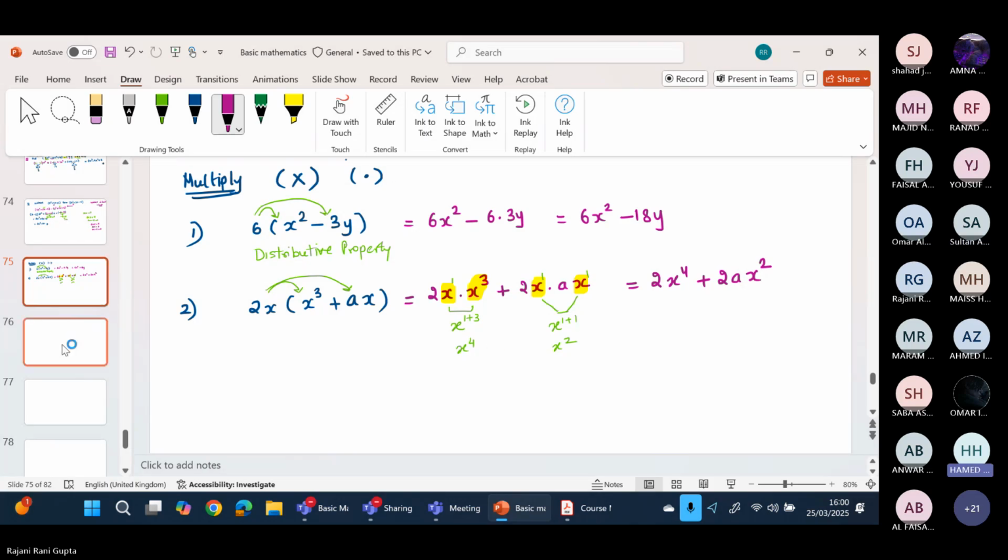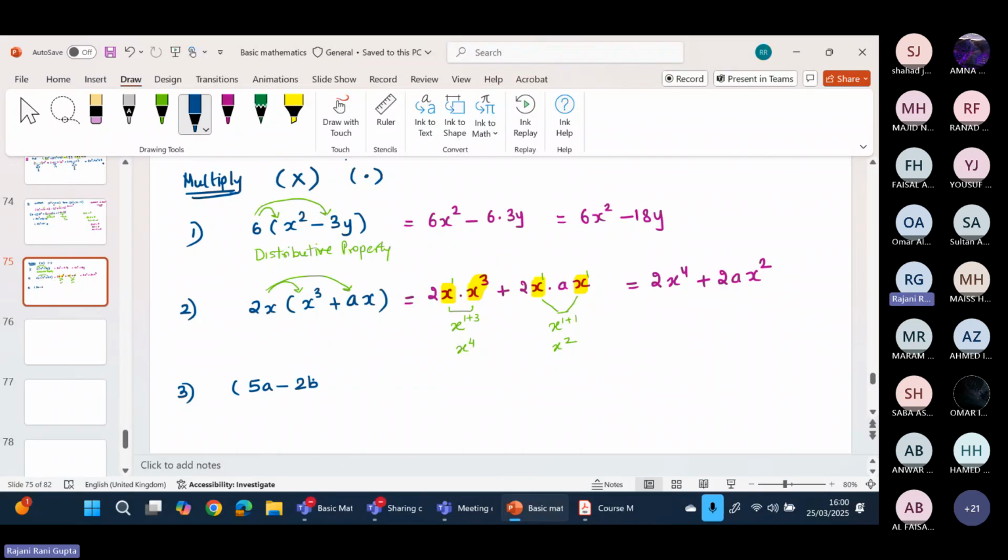Yes, clear. Okay. After that, this is about monomial. Now, okay, if I say 5a minus 2b times ab. If I write here ab, how we will do? Multiply it. Again, multiply. So it doesn't matter if your multiplication term, the monomial, is on the left side or right side. You use the same way.